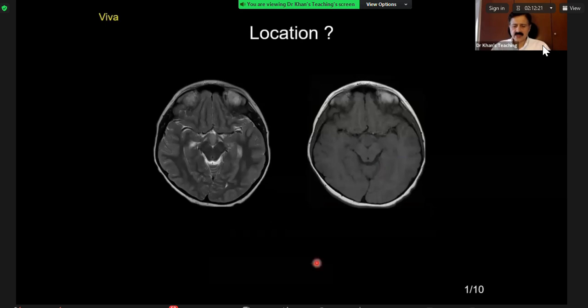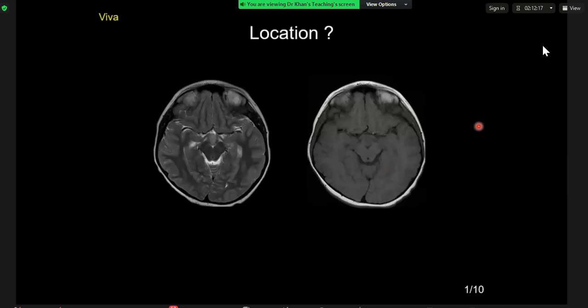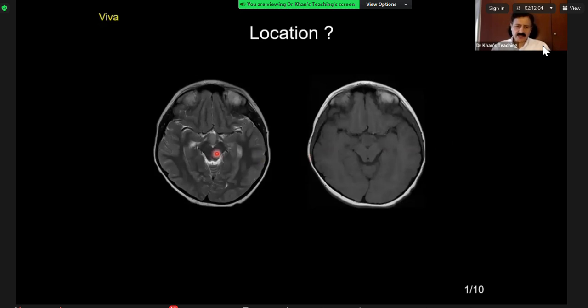And where is the abnormality? There's a midline hyperintense lesion within the suprasellar fossa. Excellent. So what has been picked up is that this is the midbrain, and anterior to the midbrain is the suprasellar cistern, and this is the interpeduncular cistern.